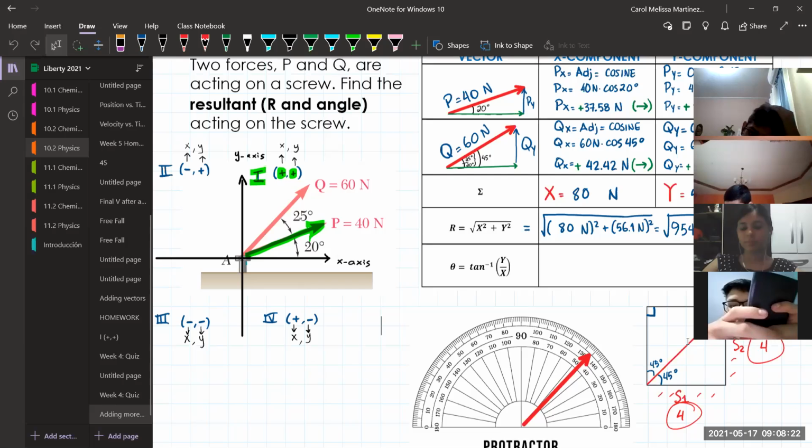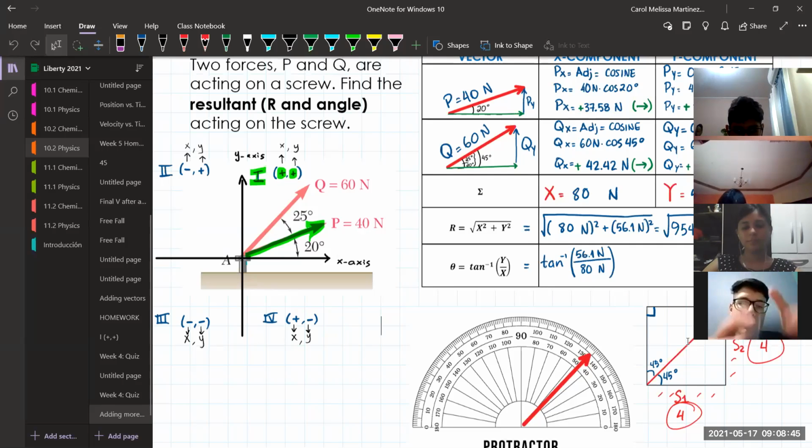These are Newtons. And when you get the angle, you say angle is equal to arctangent of y, which goes up 56.1 Newtons, divided by 80 Newtons.